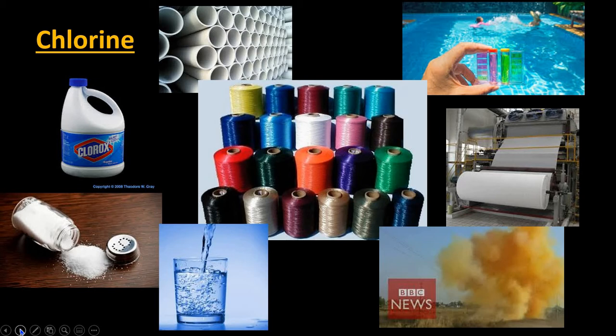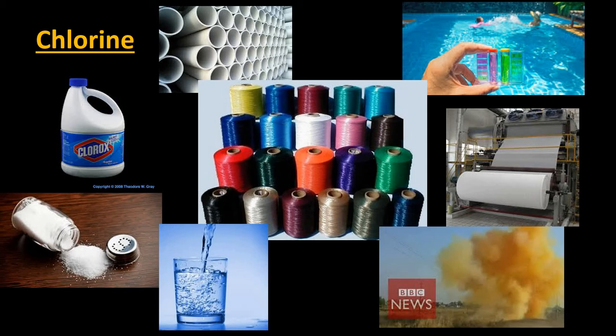However, it is also used to make PVC, which you can see the pipes that are up here, lots of plumbing and things done with PVC. It is used to make cloth and thread and things like that, especially different dyeing processes. This is paper that is made using chlorine. And the picture at the bottom right, unfortunately, is where chlorine is being used as a toxic gas.